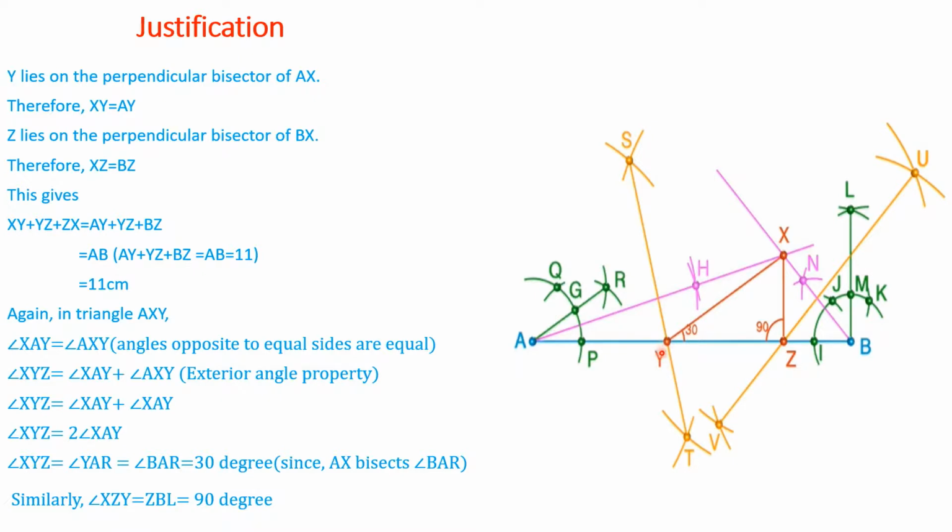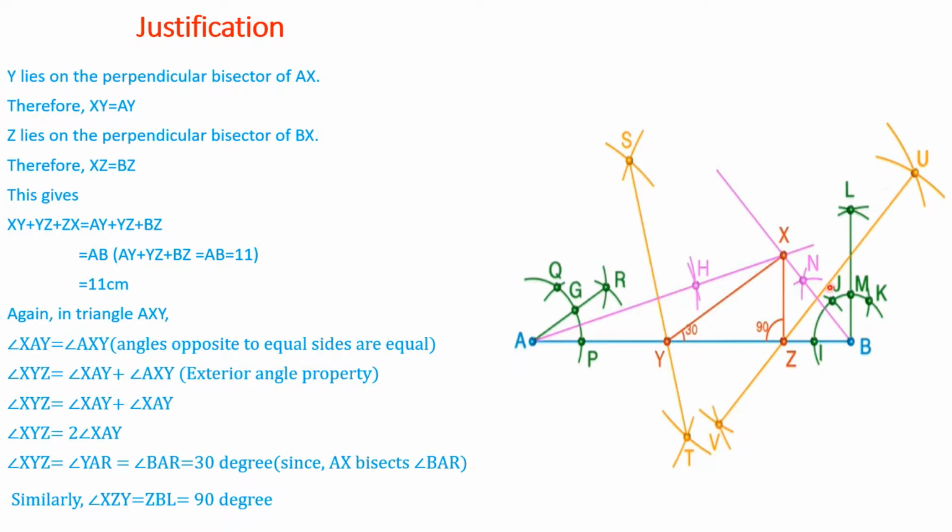So Y is the point on the perpendicular bisector. So Y is equidistant from the end points of AX, that is A and X. So Y is equidistant from A and X, means YA and YX are equal. So XY and AY are equal.